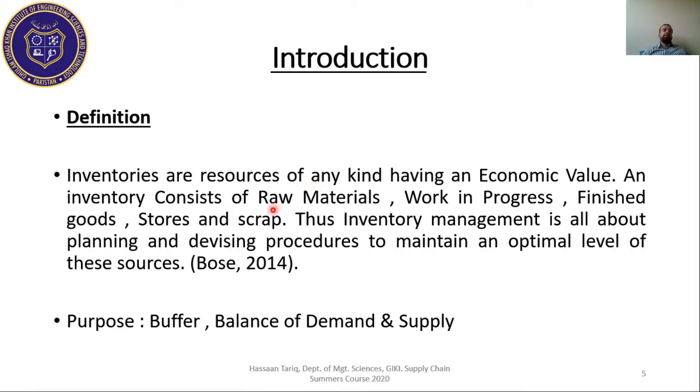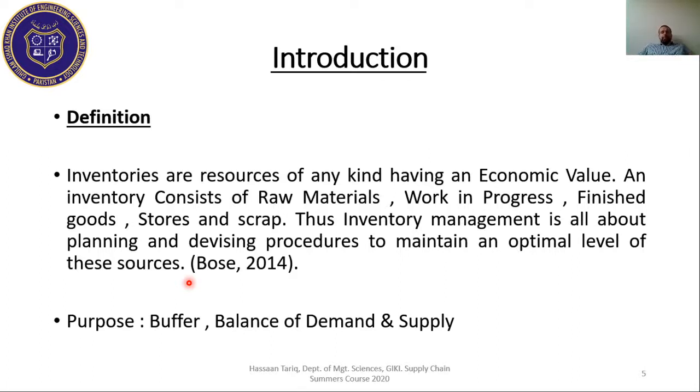Inventory consists of raw materials, work in progress, finished goods, stores, and scraps. Thus, inventory management is all about planning and devising procedures to maintain an optimal level of these resources, and to work with an optimum quantity of materials.